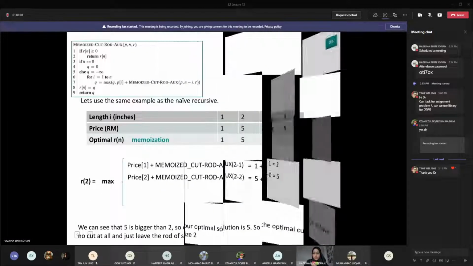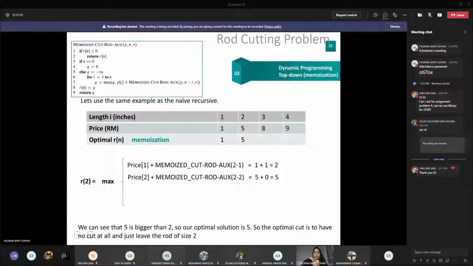Next we have a rod of 2 inches. So we want to know how much is the highest value we can get to sell this. Over here, the first iteration is price 1.